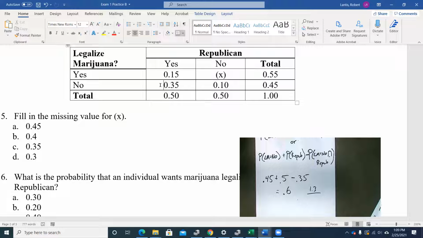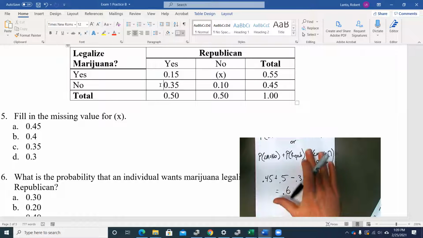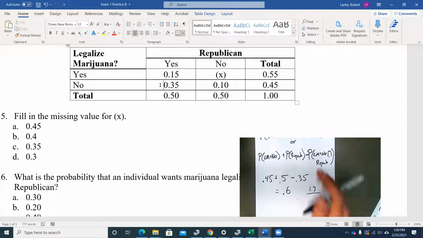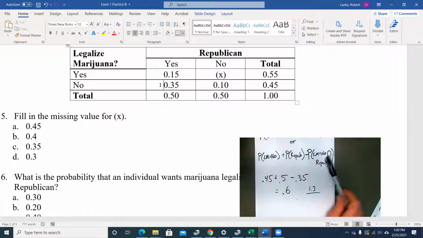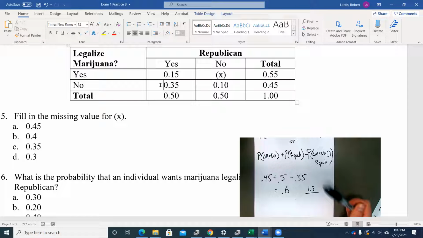So if we think about errors we could make, maybe adding the intersection even though we should have been subtracting it, or if you just forget to do it altogether, that one's kind of tough because we still get a result that could make sense, 0.95. So it's really important when you're looking for these unions that you remember to subtract that intersection, okay?